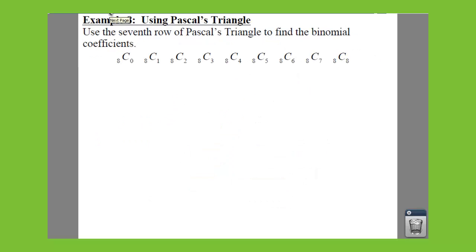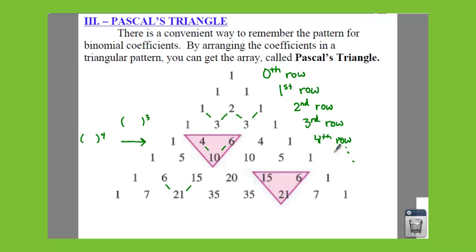So let's try to find our 7th row of Pascal's triangle to find our binomial coefficients. So our 7th row shows up as, here's our 4th, here's your 5th, your 6th, and your 7th.